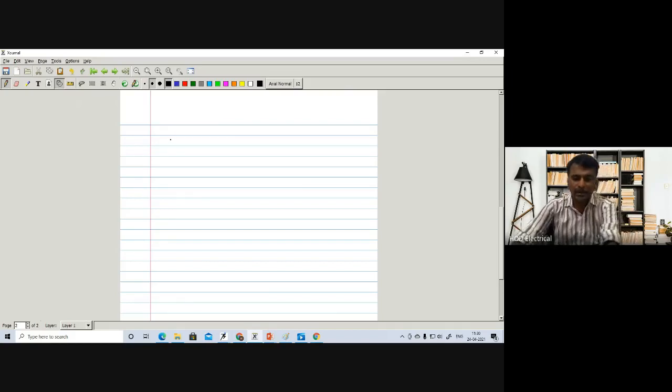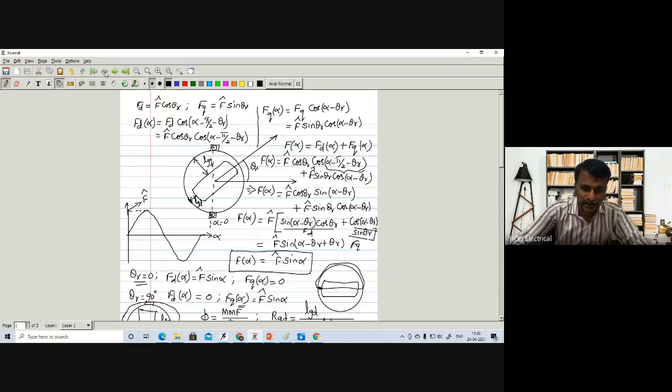Now we can write this equation. In the previous case, I have already written what Fd of alpha and Fq of alpha are.